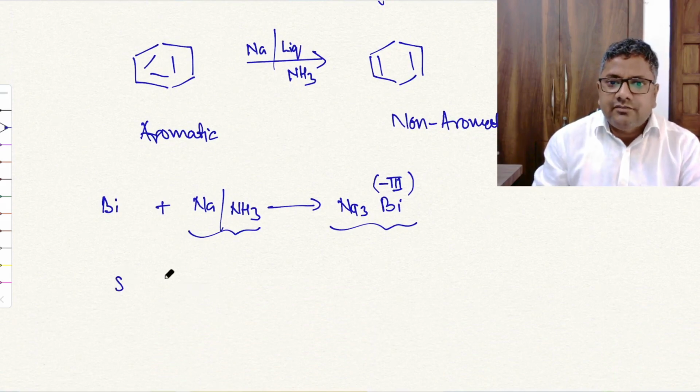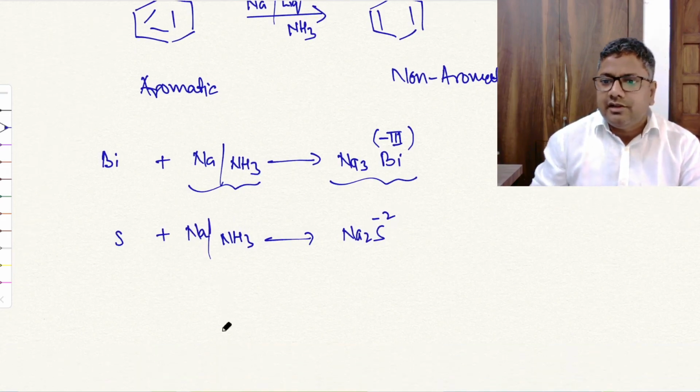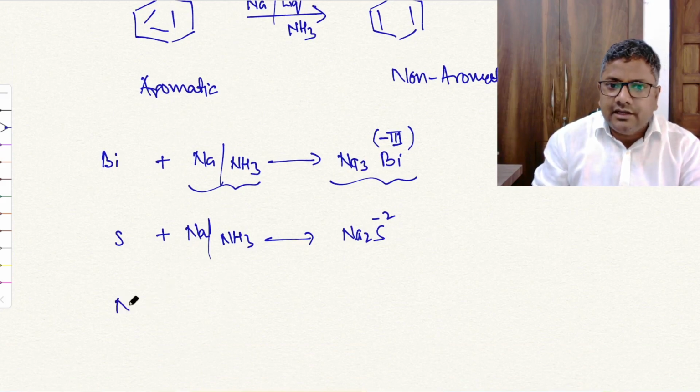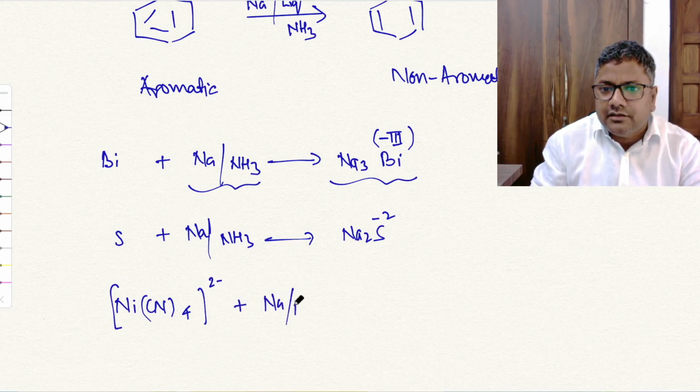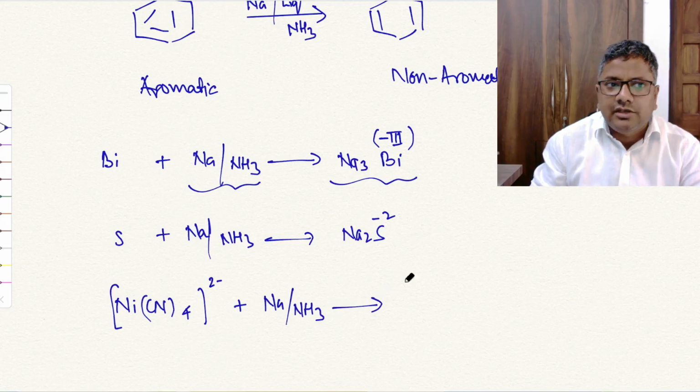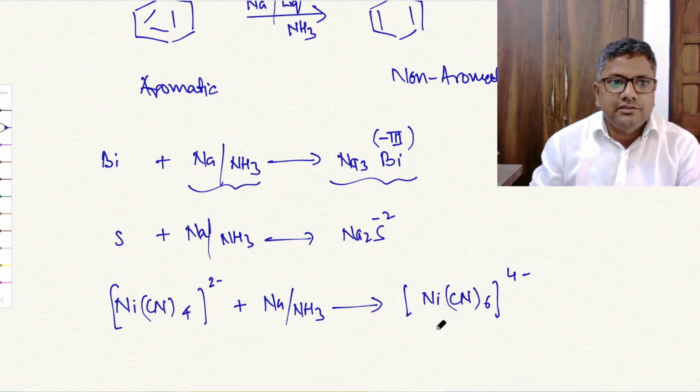Similarly, if you take sulfur plus sodium in liquid ammonia, you will get Na2S, right? -2. Similarly, if you take Ni(CN)4 2-, and if you take Na in liquid ammonia, here you will get Ni(CN)4 4-, right?